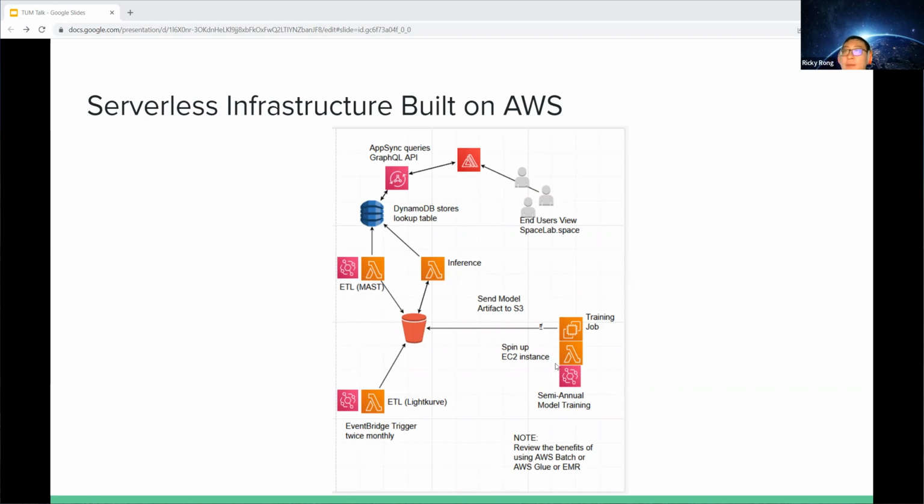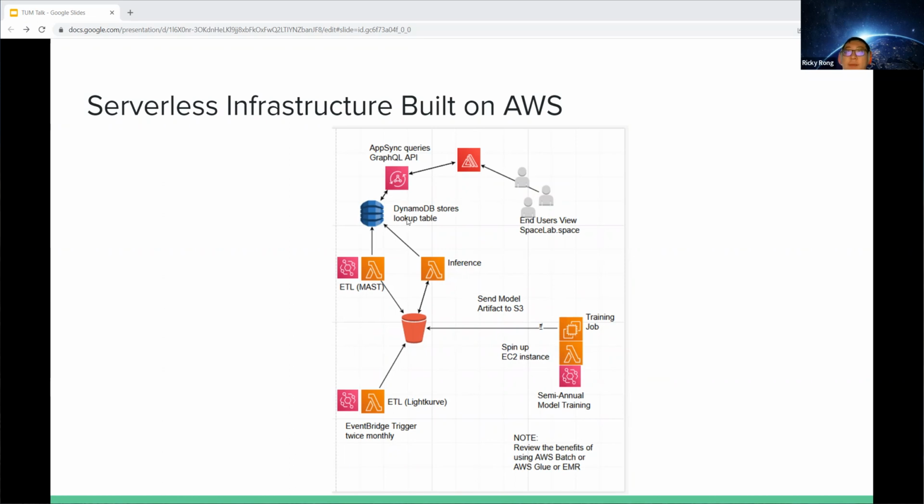For the training, we are reiterating our own neural network to try to meet the same standards as the researchers' neural networks, AstroNet and ExoNet. We will probably have Lambda spin up an EC2 instance to do this. We are considering things like Batch or EMR.